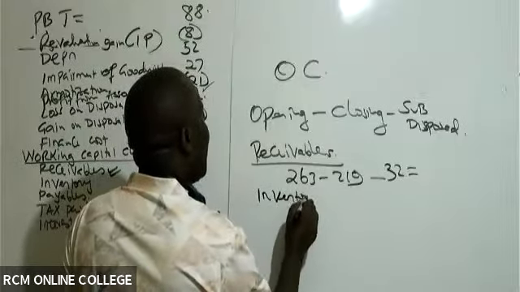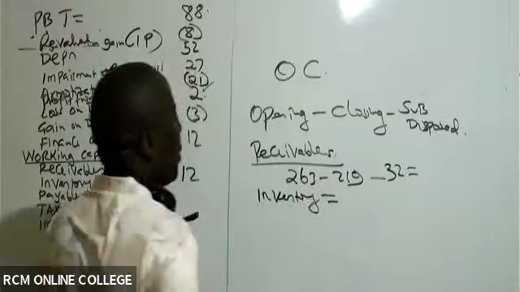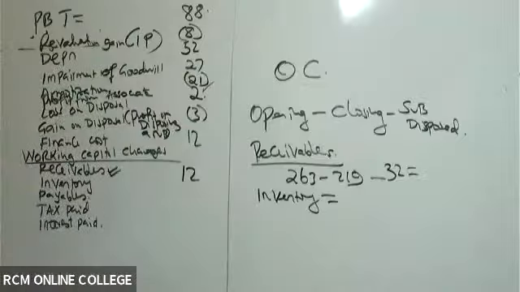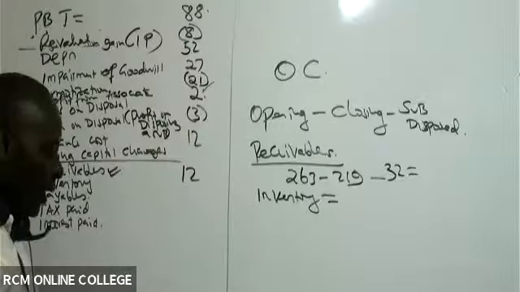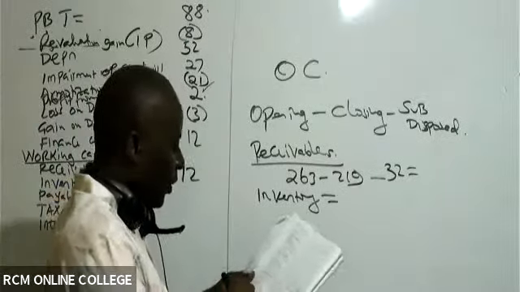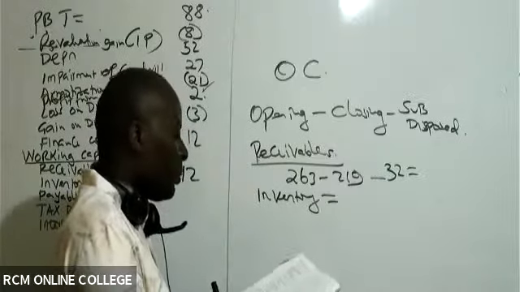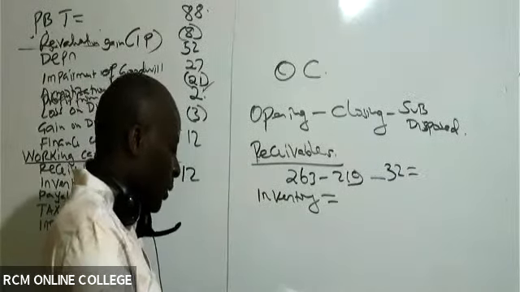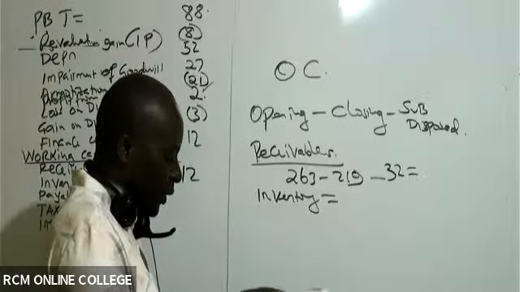I would want to see whether there is anybody who will be able to do the same for inventory for us. Go ahead and do inventory for us. Inventory is about opening minus closing minus the subsidiary disposed. So in inventory opening, is there somebody who is able to see inventory under current assets?